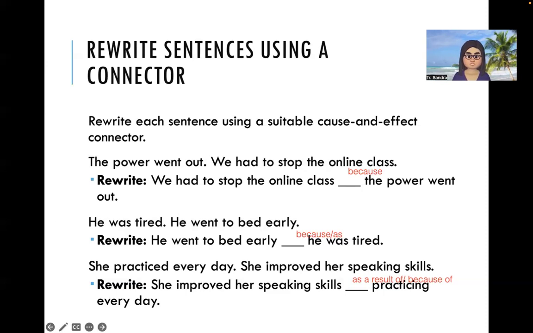For example, for the reason we can use: since it's your birthday, we will go out for dinner. If you would like to talk about time: I haven't seen him since last summer.